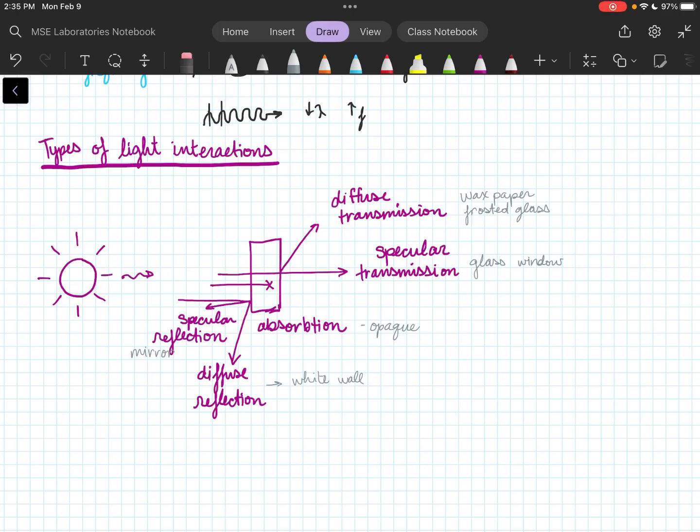Any questions about these details here? Cool. There are ways to convert back and forth. What we could say is 100% of the light, so all of the light that goes in, is either transmitted, reflected, or absorbed.